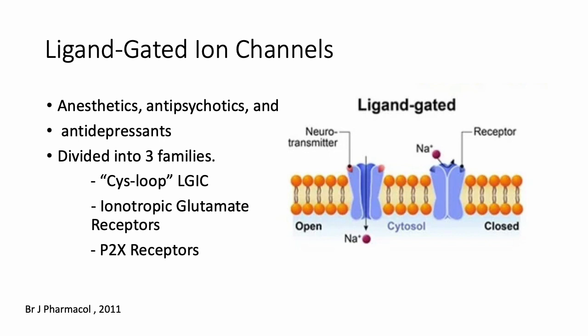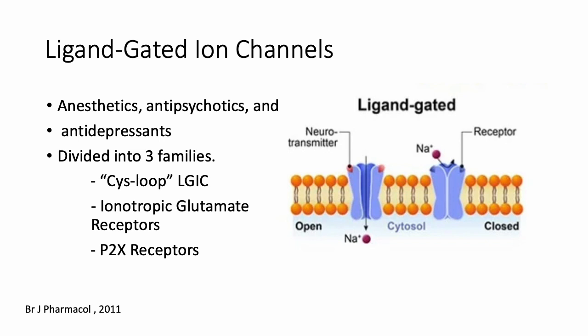It is made up of four different receptors: nicotinic acetylcholine receptors, which are nAChR, gamma-aminobutyric acid, or GABA, receptors, 5-hydroxytryptamine 3, or 5-HT3 receptors, and glycine receptors.